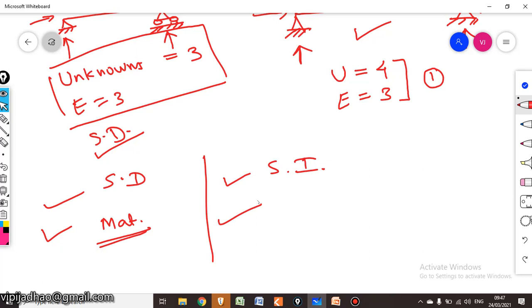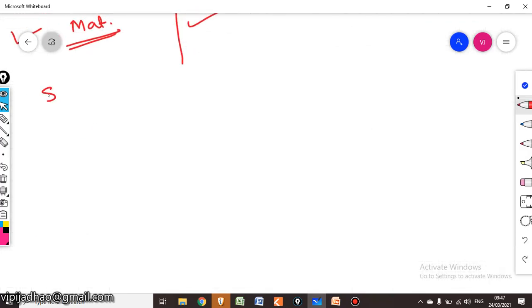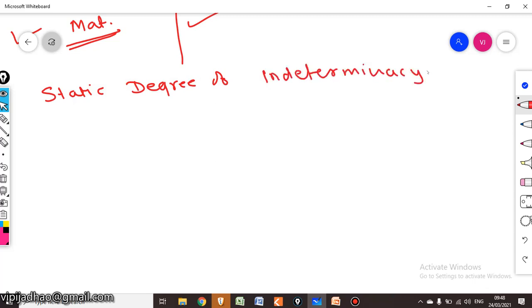Now there are two different terms. The first one is static degree of indeterminacy, which is also called the degree of redundancy.